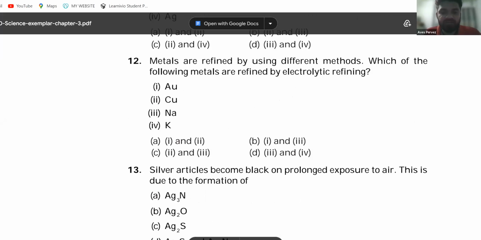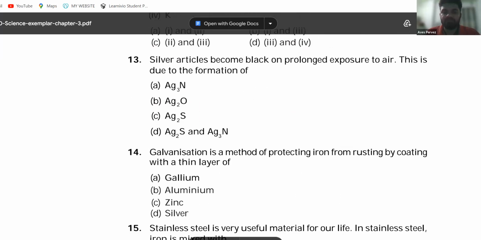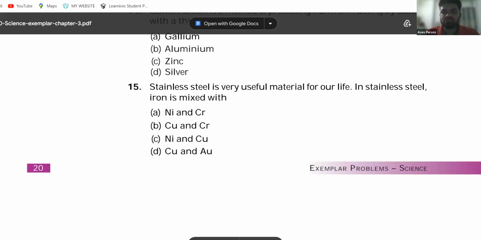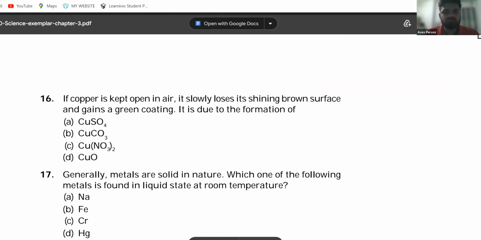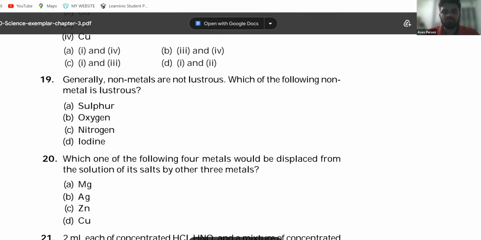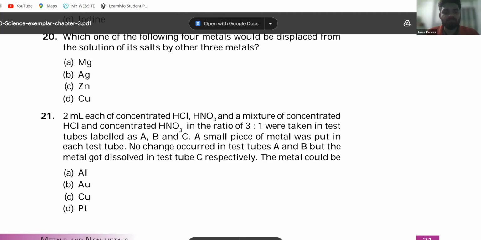So electrolytic refining we have not studied yet. Metal is just shining.